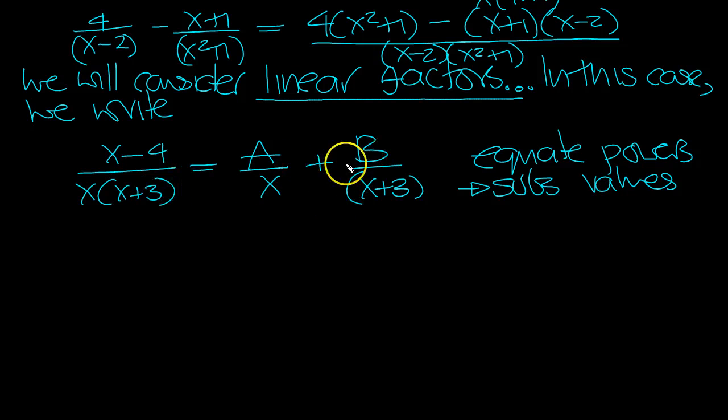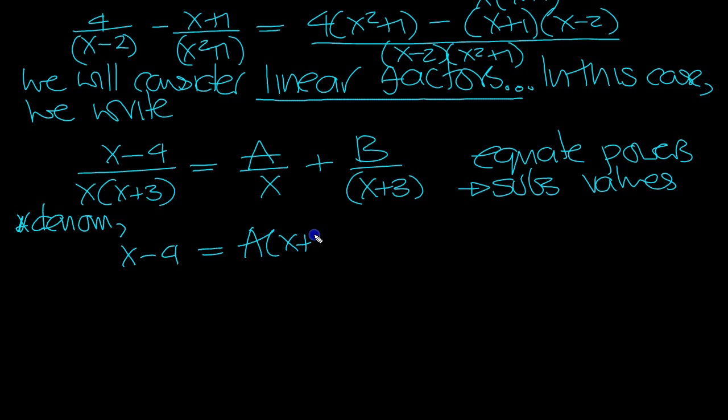Now, how do you find a and b doing this reverse process then? Well, you multiply by the denominator first, and you write x minus 4, then a times the x plus 3, because the x's will cancel, and then b times the x. So you basically cross multiply, and the denominator goes because you've multiplied by it.